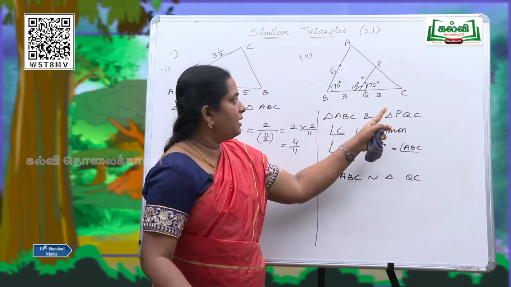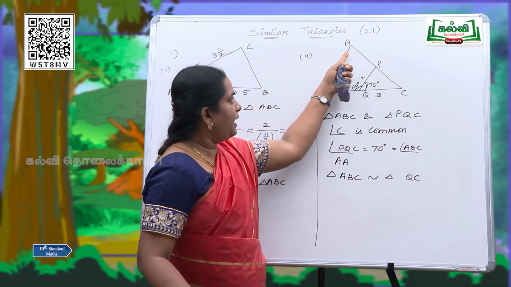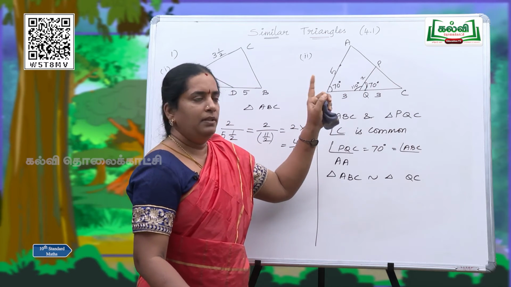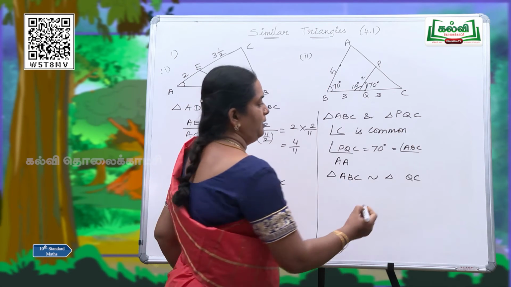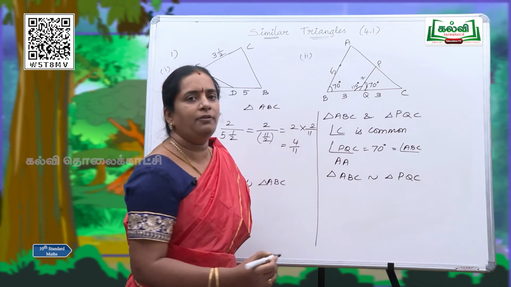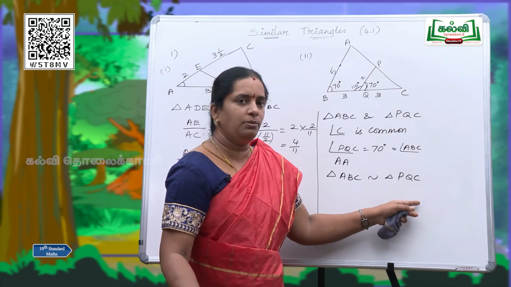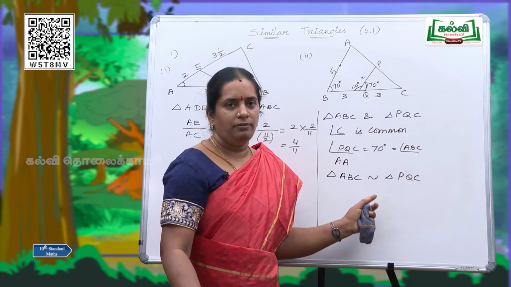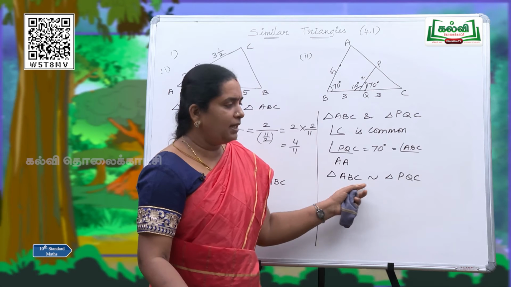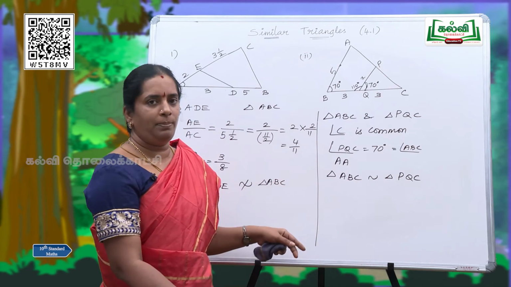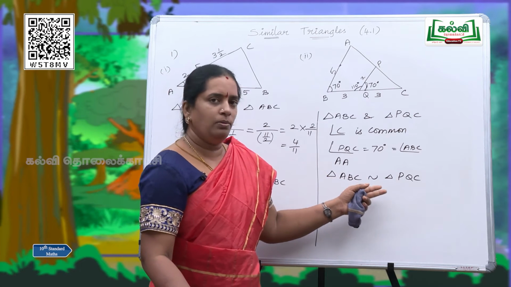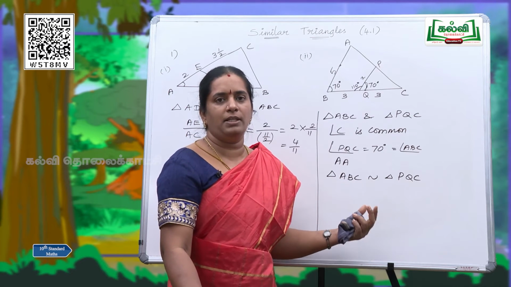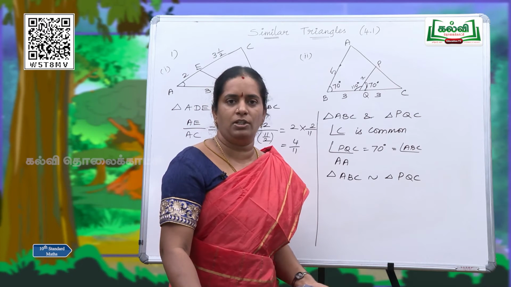Yes, P. So A and P are equal. If we can't find, let us wait for the other two and fill in the first one. So the triangles are similar. So using the property of similar triangles, let us say that the sides of these two triangles are in the same ratio.